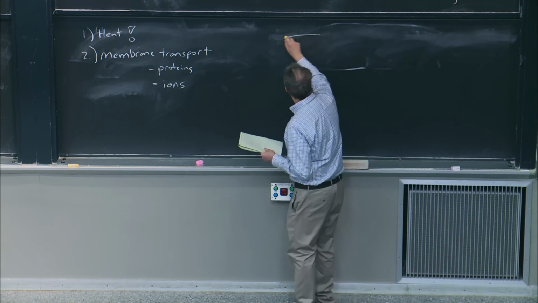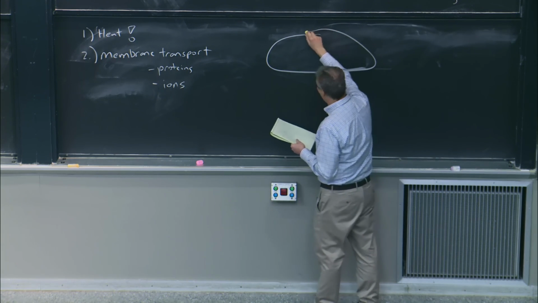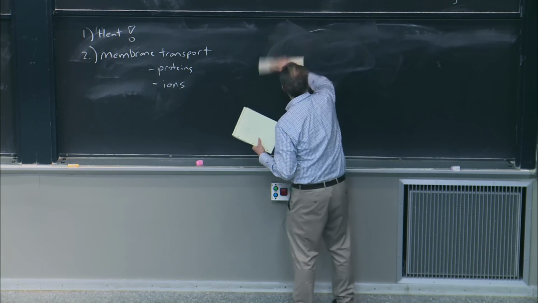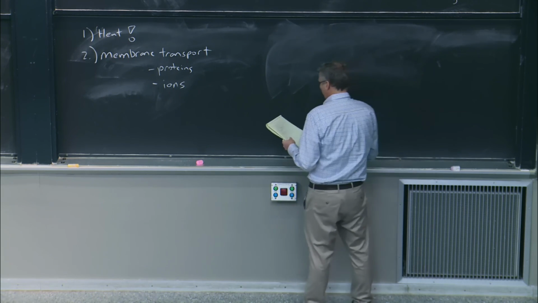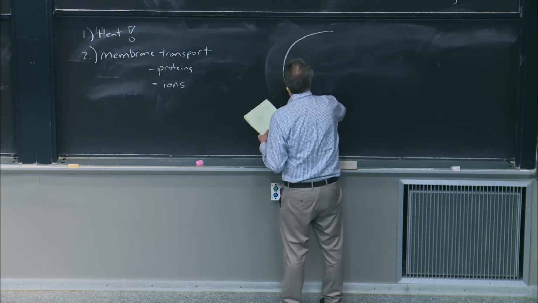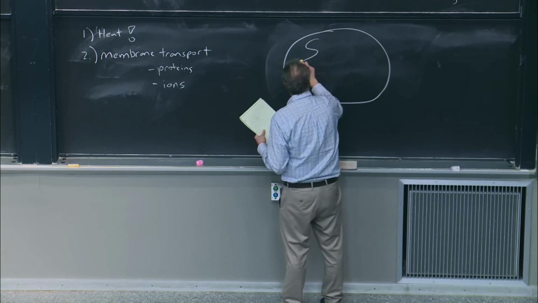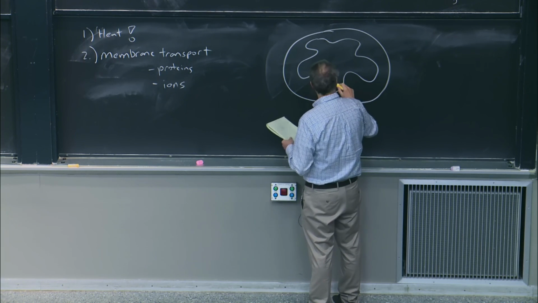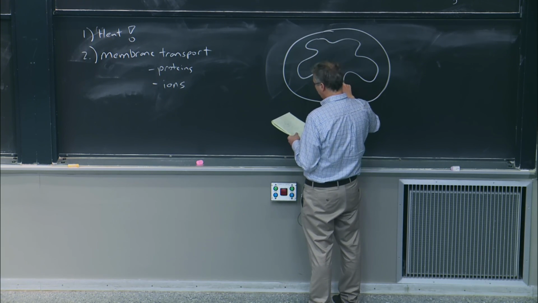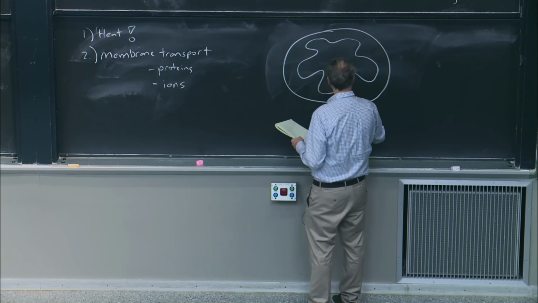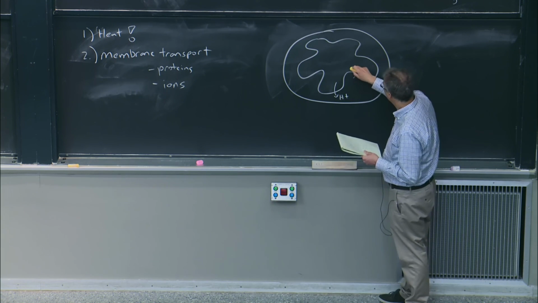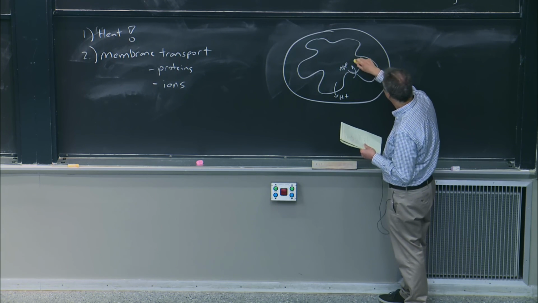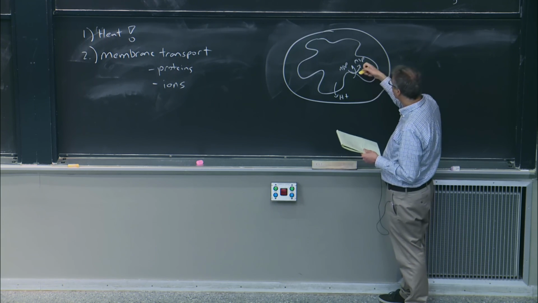And I just want to illustrate one aspect of this. So if I draw a mitochondria, here all these processes are happening, where we have electron transport generating a potential across the inner mitochondrial membrane that can be used to synthesize ATP.